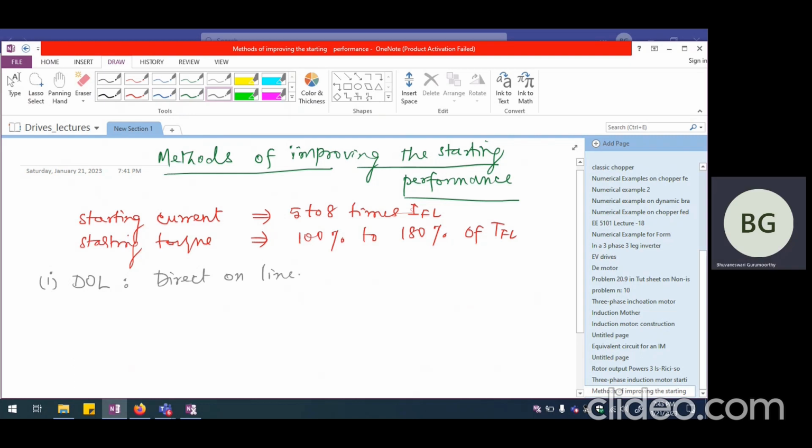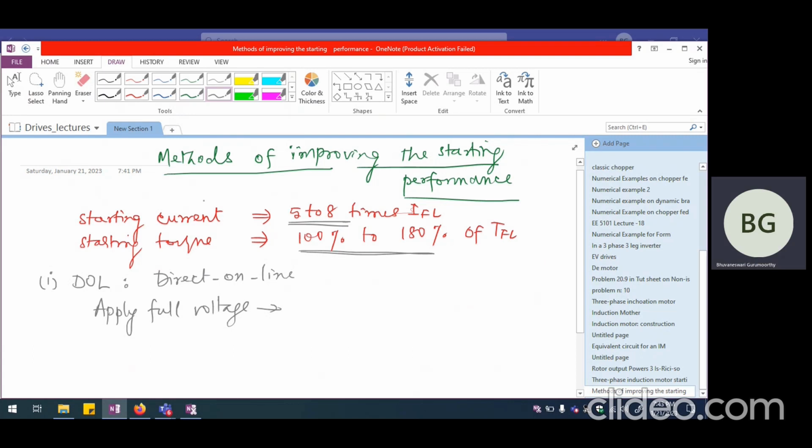We are not going to reduce the voltage. We are going to apply full voltage and allow the motor to start directly, which means it is going to take anywhere between 5 to 8 times the full load current, and it is going to have only a very limited amount of torque. The torque is not going to be very high at all.